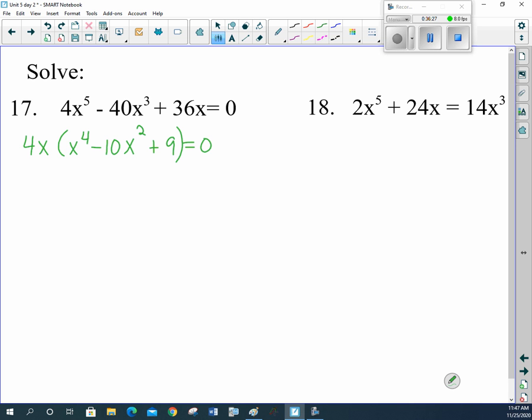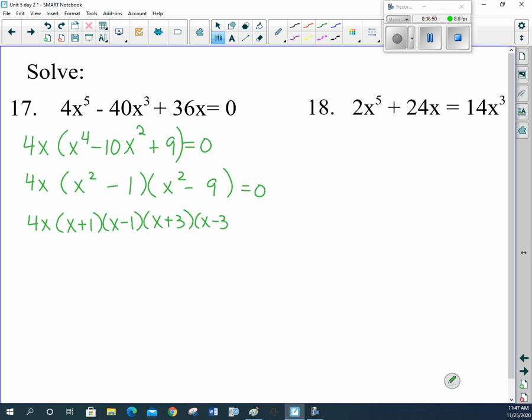So now we're just going to factor. So factor pairs of 9, I'm going to go with 1 and 9. Subtract. It's going to give me a negative 10 in the middle. So these are easy for me to factor, so I think I'm just going to keep factoring. x plus 1, these are both difference of squares. So x plus 3 and x minus 3.